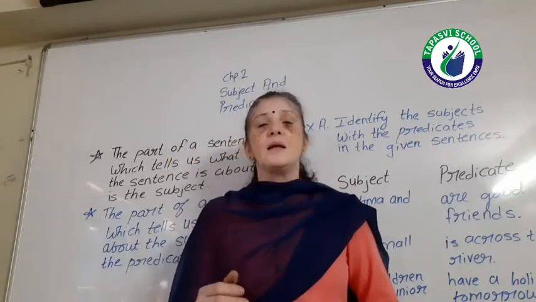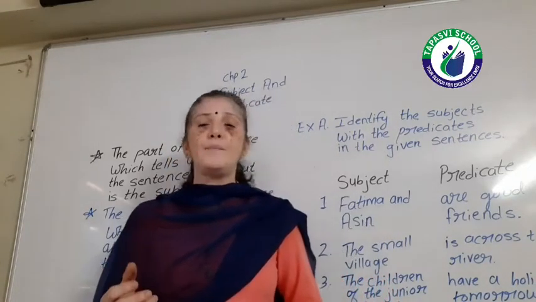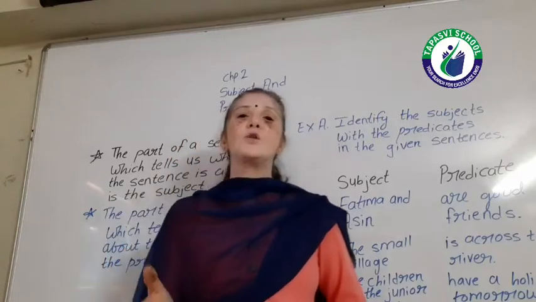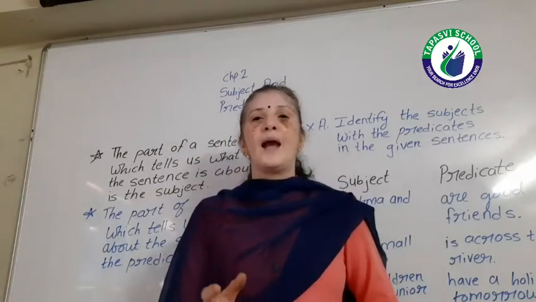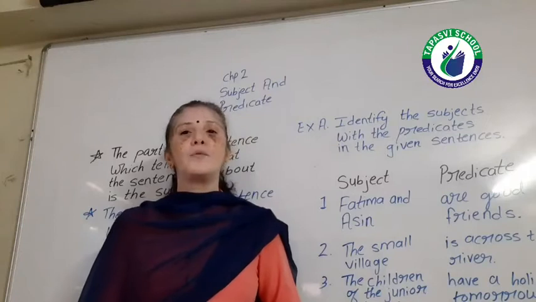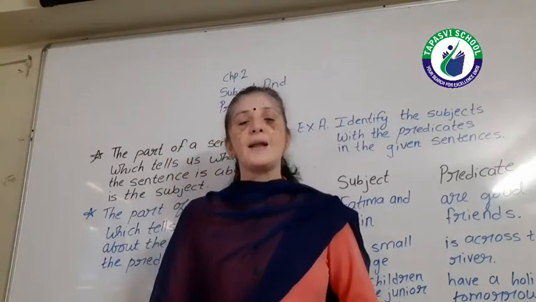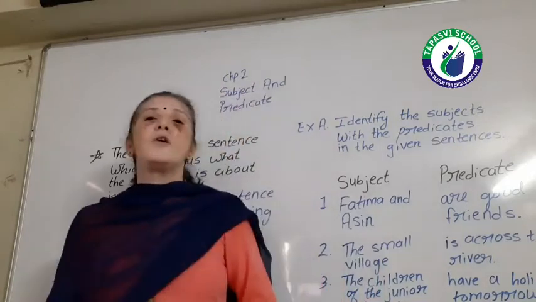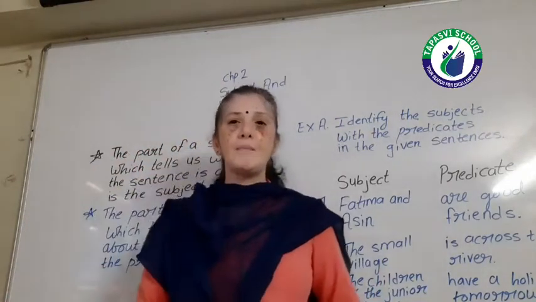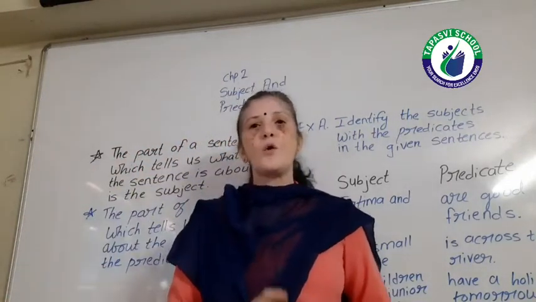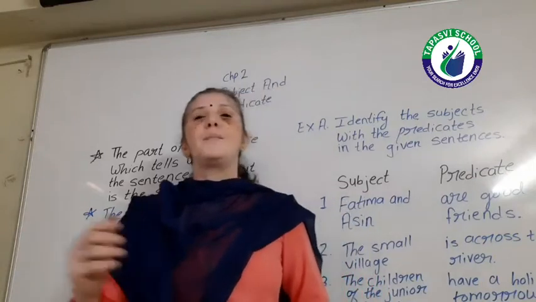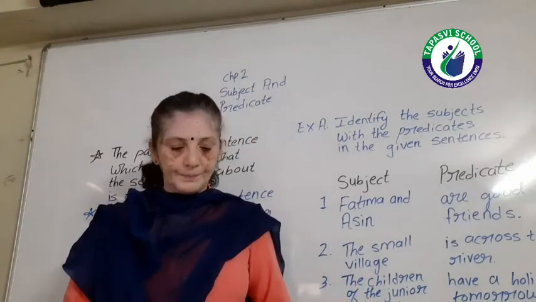It is not compulsory that the subject is always of one word and predicate is always of one word. Subject may be of more than one word, and predicate also may be of more than one word. So keep in mind that subject is not always of one word.